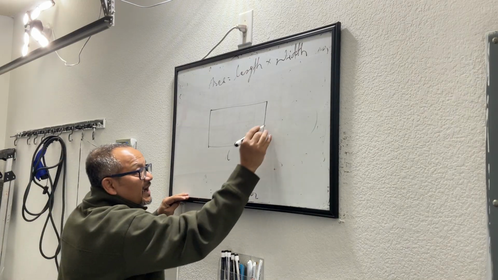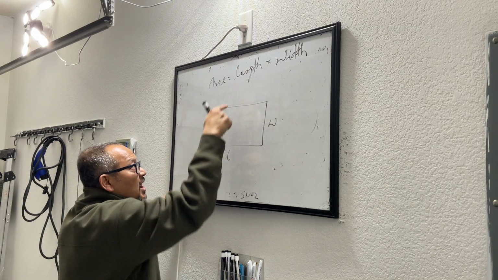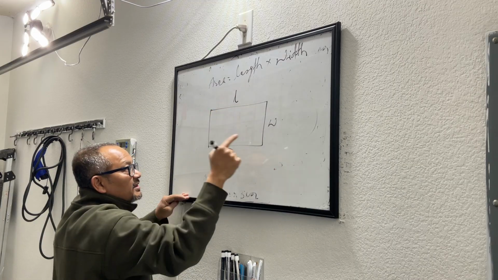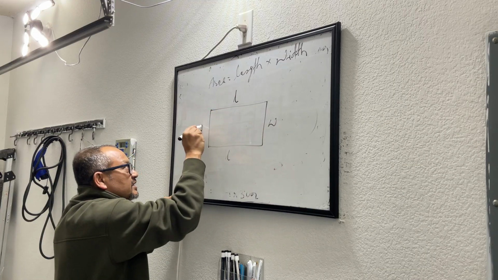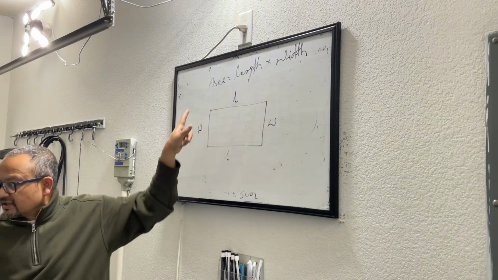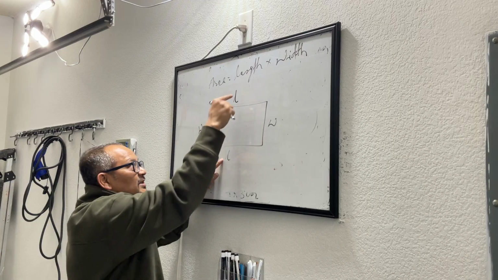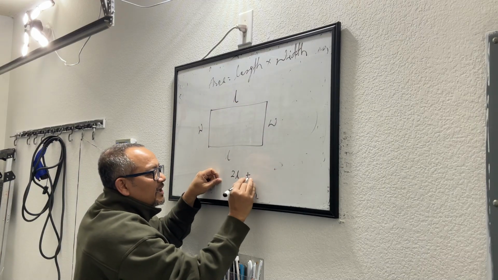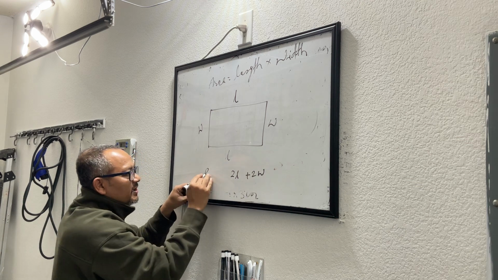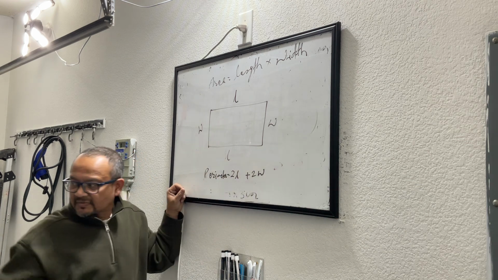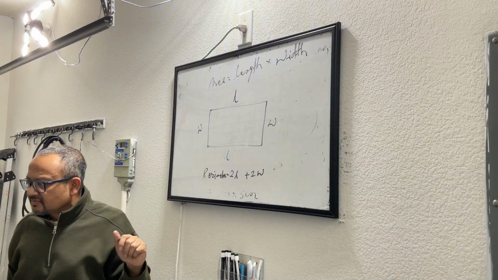This is length and this is width. Opposite sides are equal and parallel. So if this is length, this will also be length. If this is width, this will also be width. So if you have to find out the perimeter, you have to add up the length of the boundary. 1 length plus 1 length, 1 width plus 1 width. 2 times length plus 2 times width. This will be the perimeter of a rectangle. Yep. Does that sound okay?